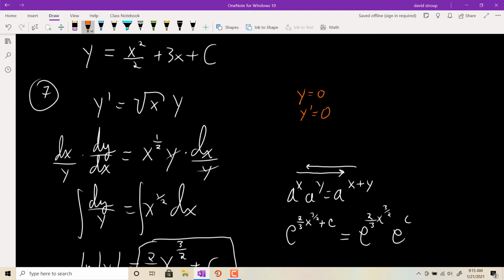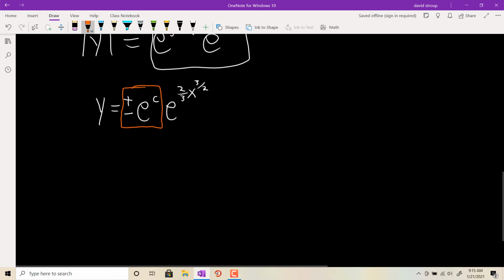And then if you substitute in, you have square root of x times y equals square root of x times 0, which equals 0, which equals y prime, which is the left-hand side of the differential equation. So y equals 0 is a solution. So you could just replace that with a constant.